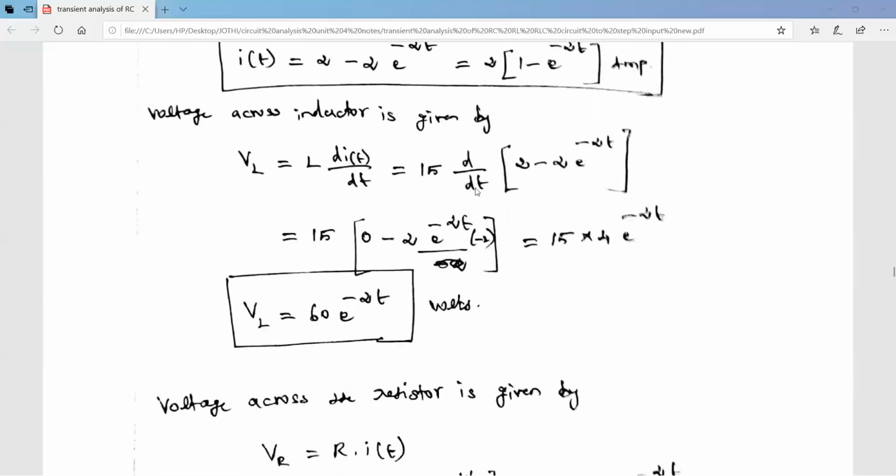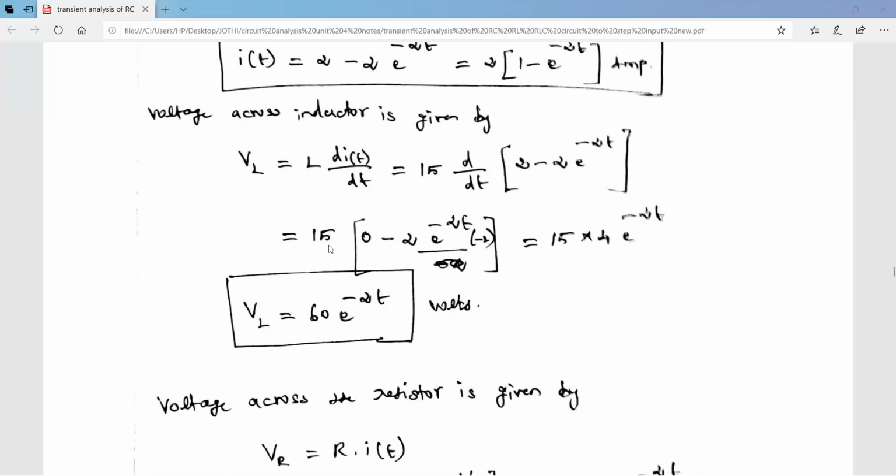Differentiating the constant 2 gives 0. Then for the second term, the minus 2 stays as it is, and the differentiation of e power minus 2t is e power minus 2t into minus 2. So minus of minus is plus, 2 into 2 is 4, and 4 into 15 gives 60. So 60 into e power minus 2t. This is the voltage across the inductor in volts.